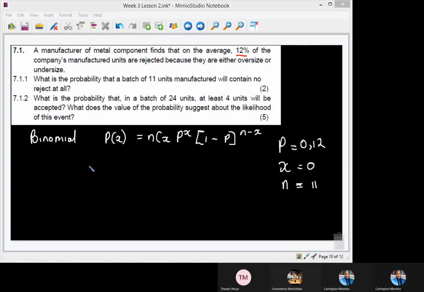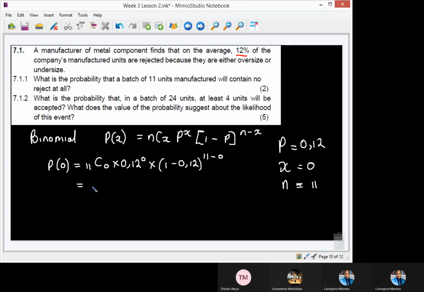Then we can substitute the probability that there won't be any rejects. That's P(0) equals 11C0 multiplied by 0.12 to the power 0 multiplied by (1 minus 0.12) to the power 11 minus 0.